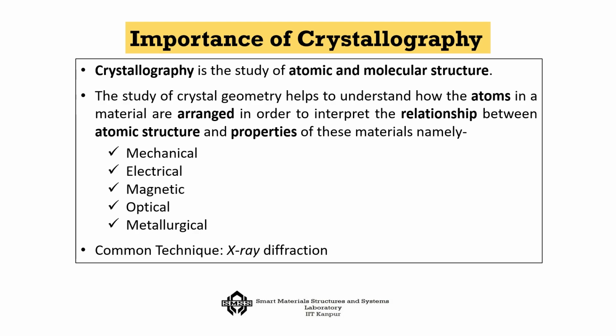That will help us interpret the relationship between atomic structure and properties. These properties may be mechanical, electrical, magnetic, optical, or metallurgical, and mostly we will first look into the mechanical properties in our discussions.